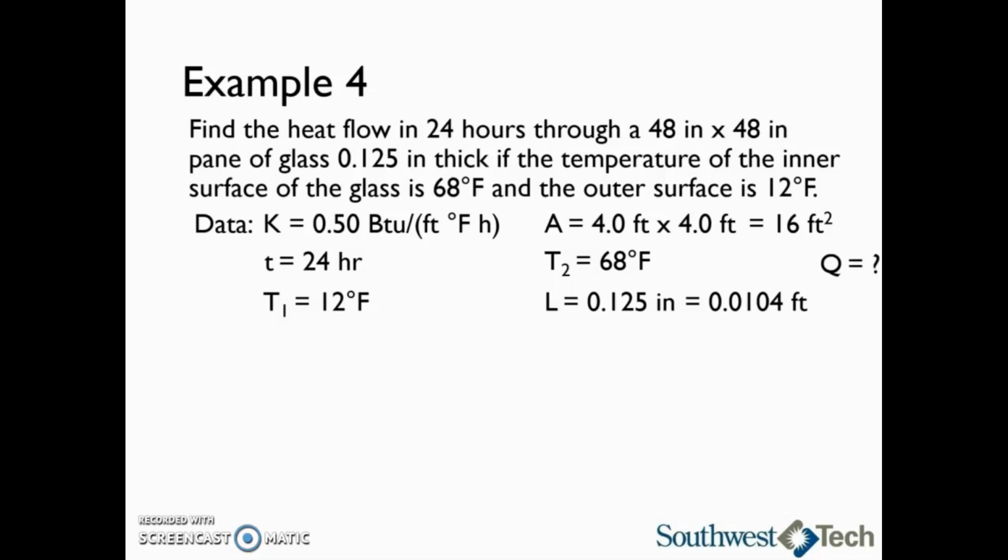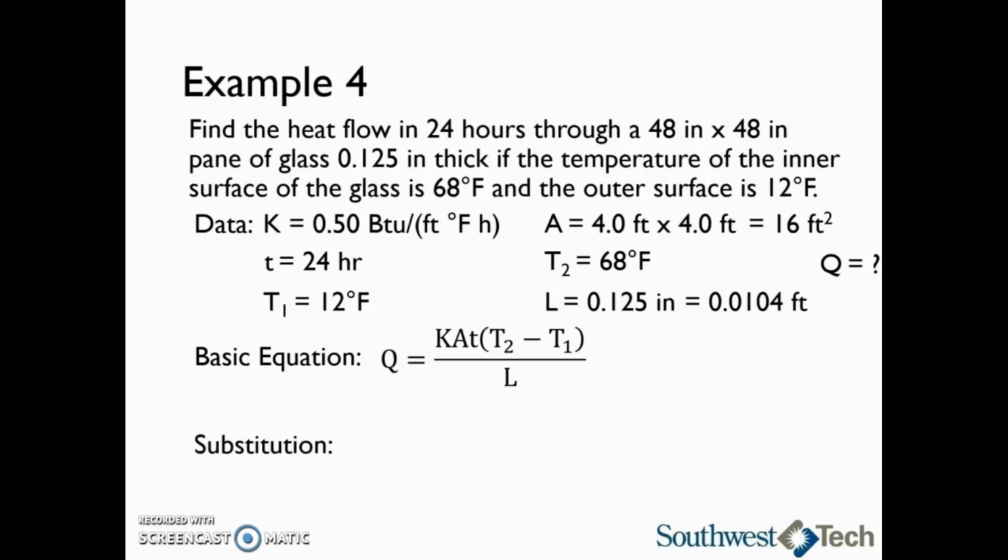Now that we have everything written down with correct units, we can go ahead and write down the basic equation. Q equals K times A times T times the quantity T2 minus T1, all divided by L. Next, we can substitute. Be careful on this step since there is a lot we have to write down.